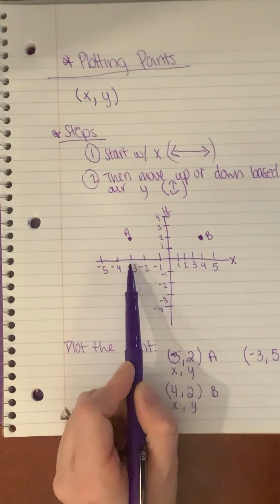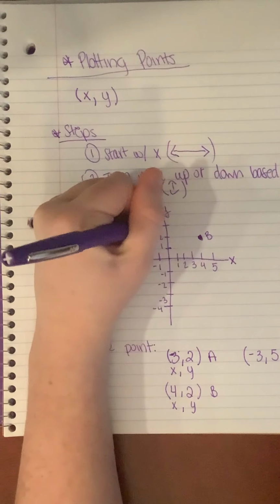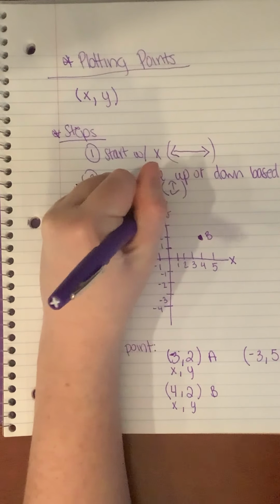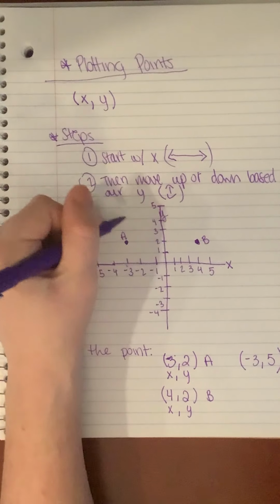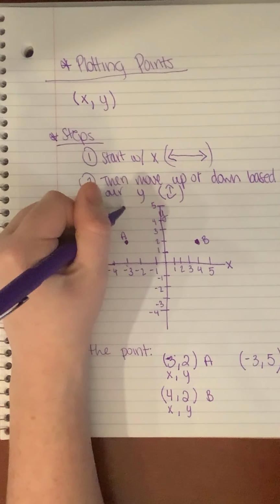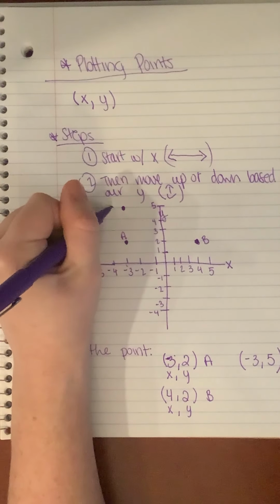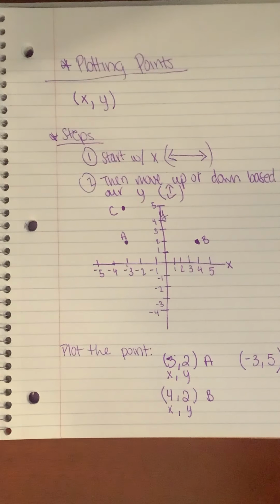I'm going to find -3, and then I have 5. Oh, we didn't even make 5 on our graph. Let's make a 5. So we have -3. I'm going to go up to 5, plot my point, and we're calling it C. So again, guys, based on where your x is, based on where your y is, you're going to plot that point. Go ahead and check your grids.